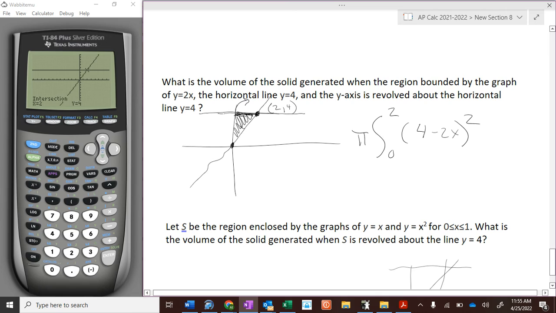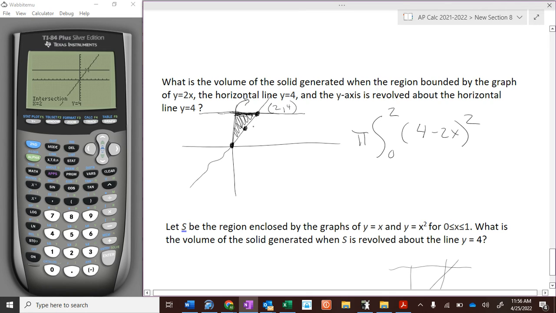Excellent. Why is it 4 minus 2x? You're at 4 here. How far is it from 4 down to 0? It's going to be 4, right? So if you put in a 0, it's going to be 4.